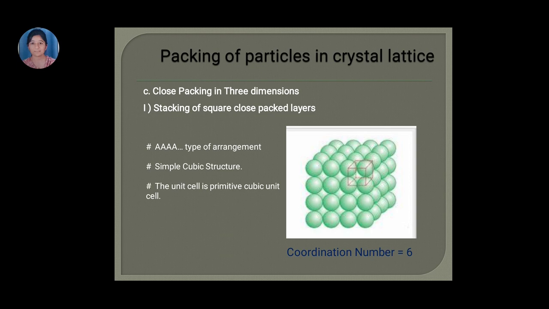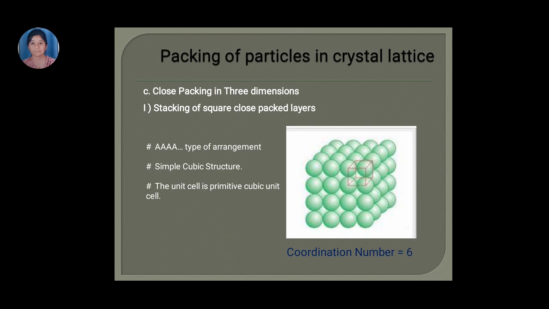The first one of them is the stacking of square close packed structures. That means the square close packed structures which we have seen, which has coordination number 4, tetrahedral voids and all. So if we stack these square close packed layers, then we get a 3-dimensional structure.